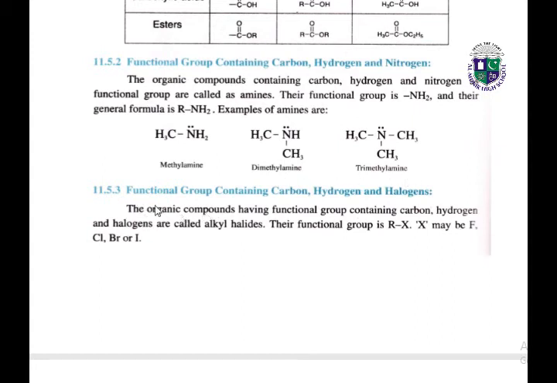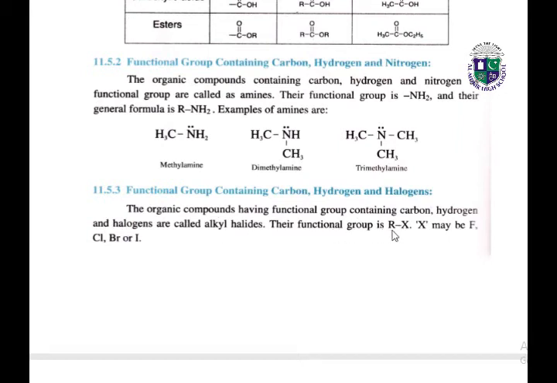Next we have functional groups containing carbon, hydrogen and halogens. What are the halogens? We know about the halogen group, which contains fluorine, chlorine, bromine and iodine. The organic compounds having a functional group which contains carbon, hydrogen and halogen are called alkyl halides.